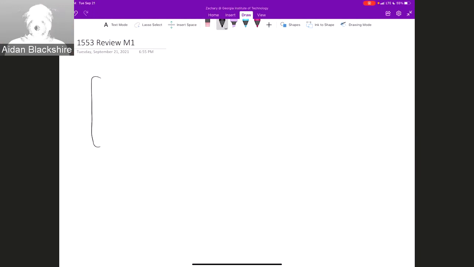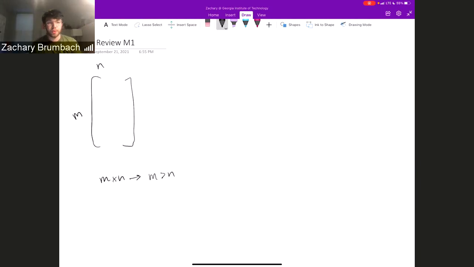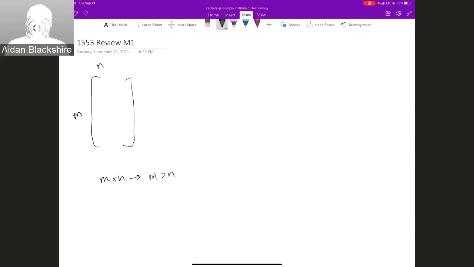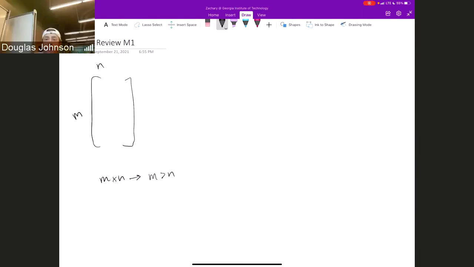When there's a pivot in every column, does that mean there's a unique solution? A pivot in every column, yes, so long as the system is consistent.